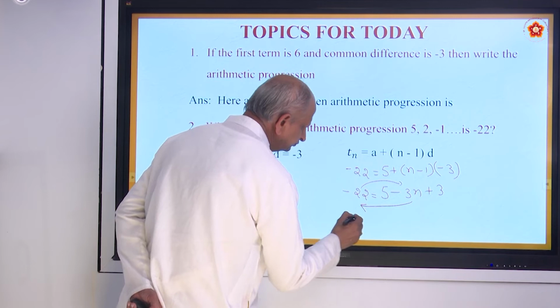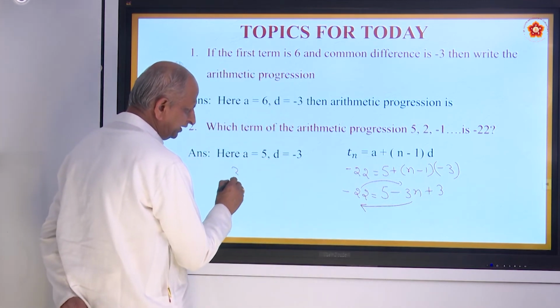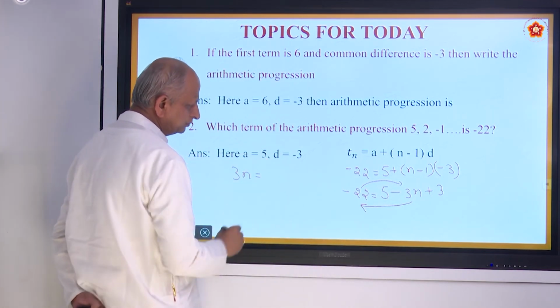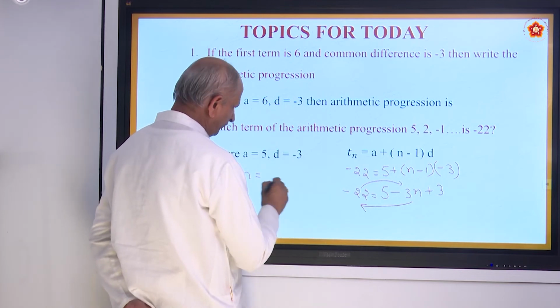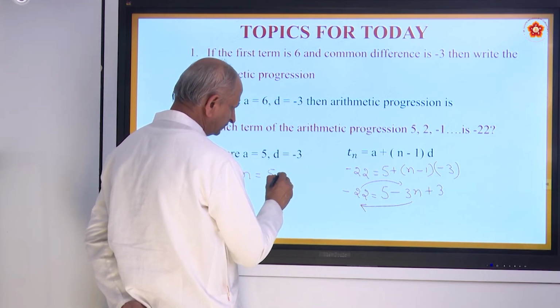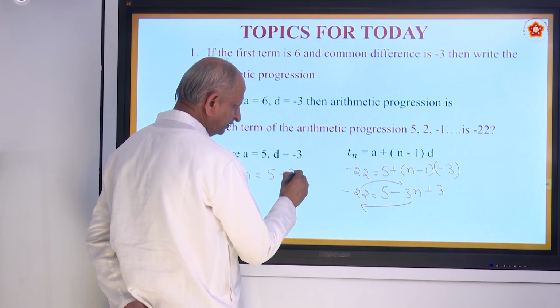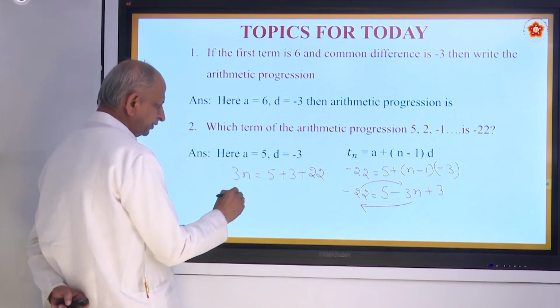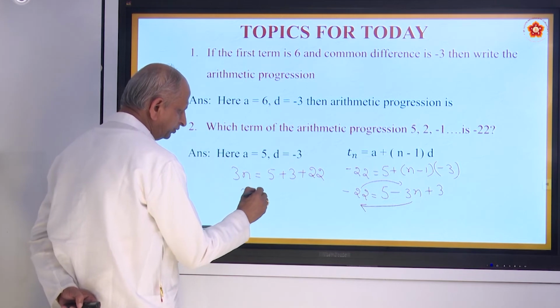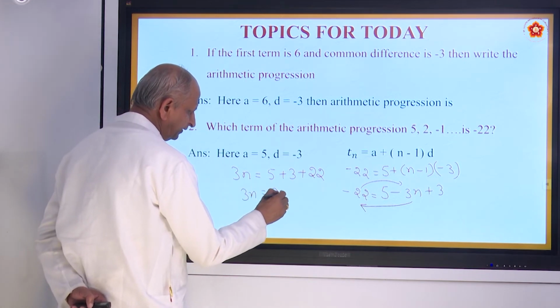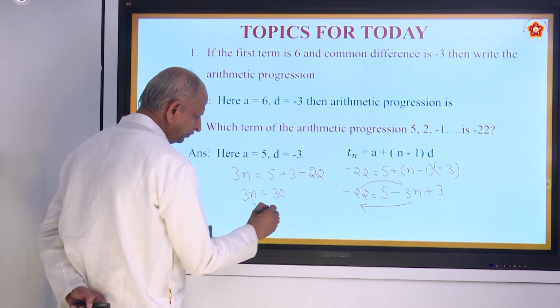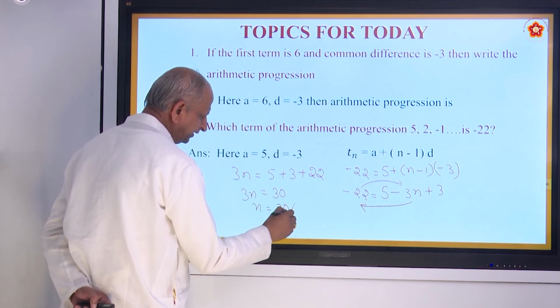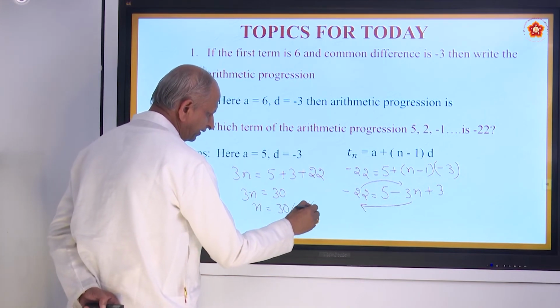So you have, I will write it here, 3n is equal to 5 is there already, plus 3 is there already, 22 you are taking that side. So 3n is equal to 30, n is equal to 30 by 3 equal to 10.